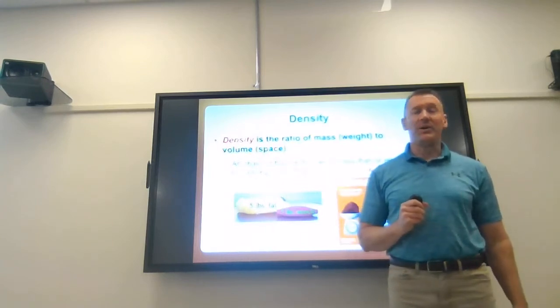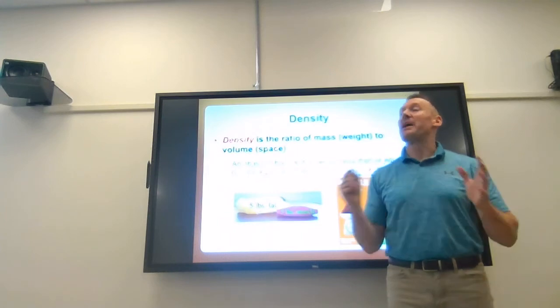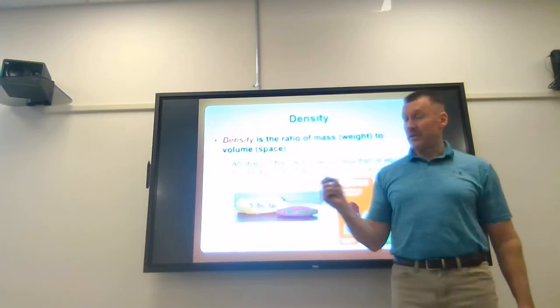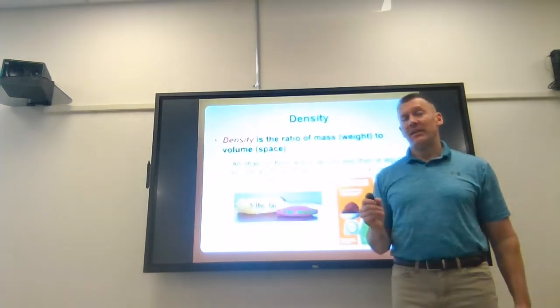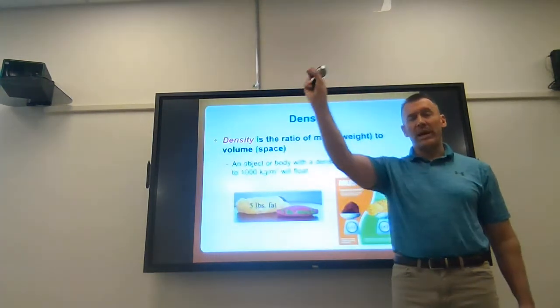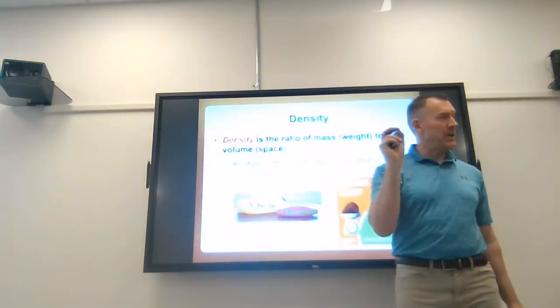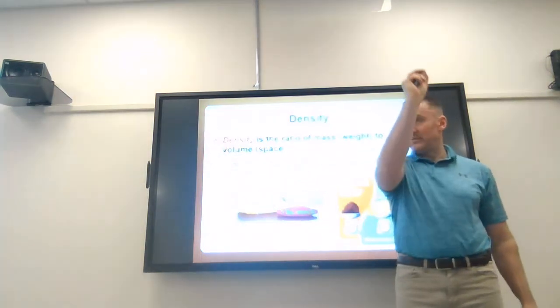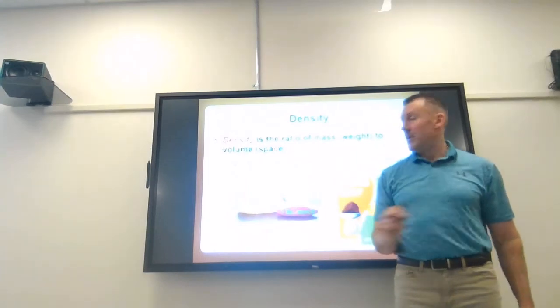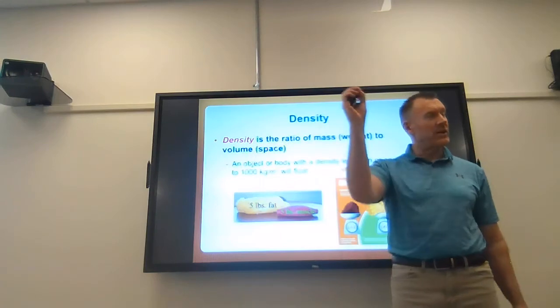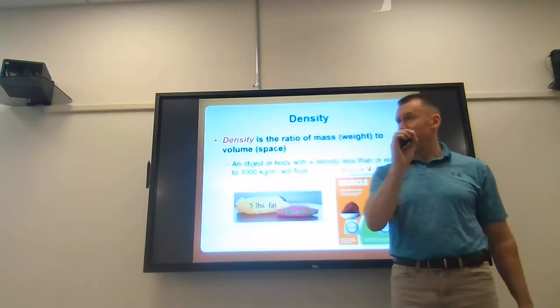Which one has less volume, takes up less space? Muscle. So you can think about it mathematically. If density is equal to weight divided by volume, less volume, like in the case of muscle, means greater density. So fat, for the same amount of fat, you have a higher volume, which does what to density?